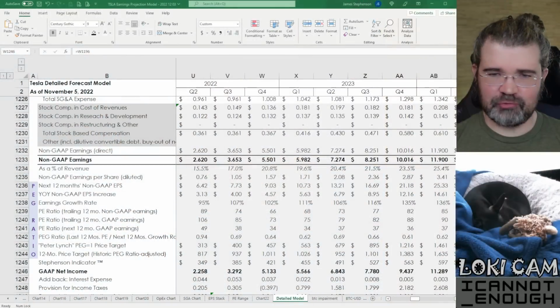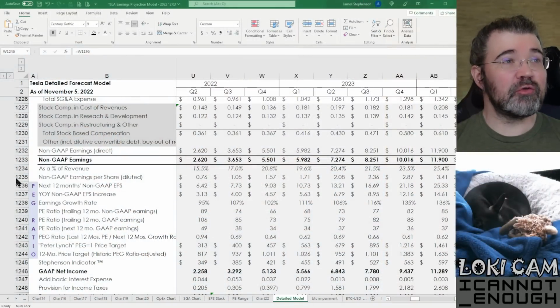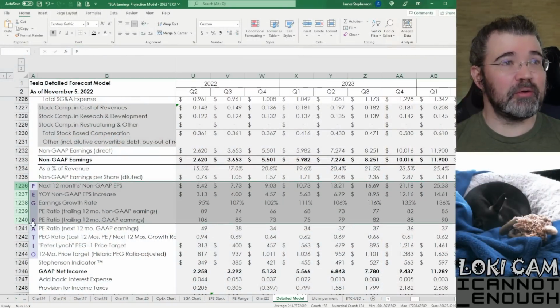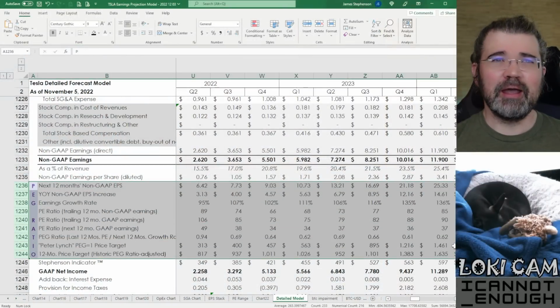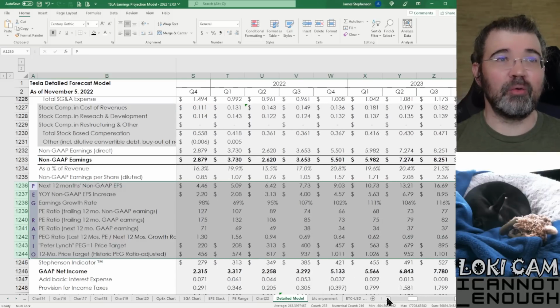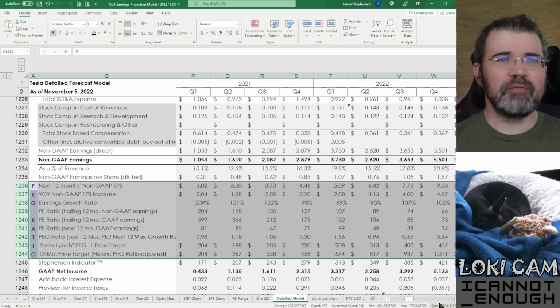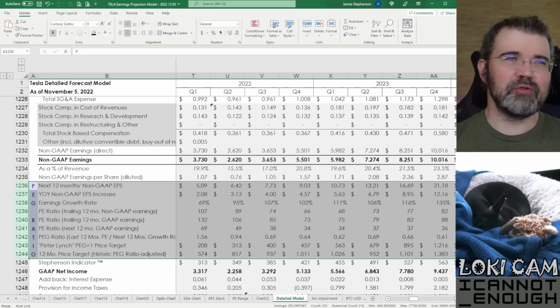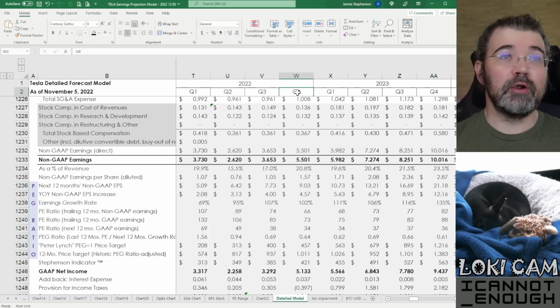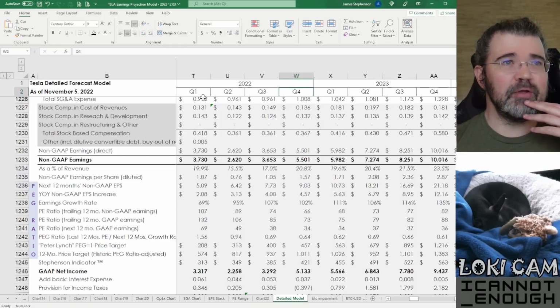So let me share my desktop and pick up right where we just left off. We talked about PEG ratio in the previous video and how the calculations in my forecast model work. So which columns do I want to show? I think I want to show 2022 and 2023, with Q4 being the first forecast to go quarter on the page.